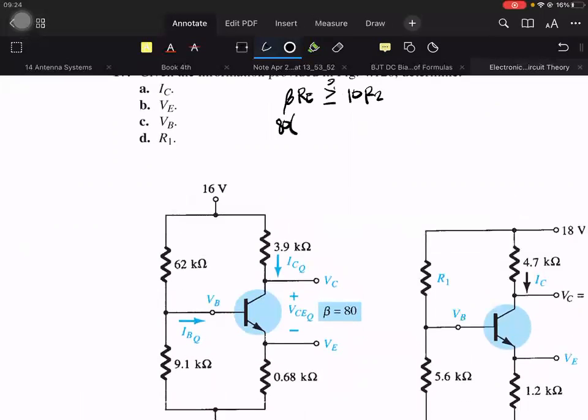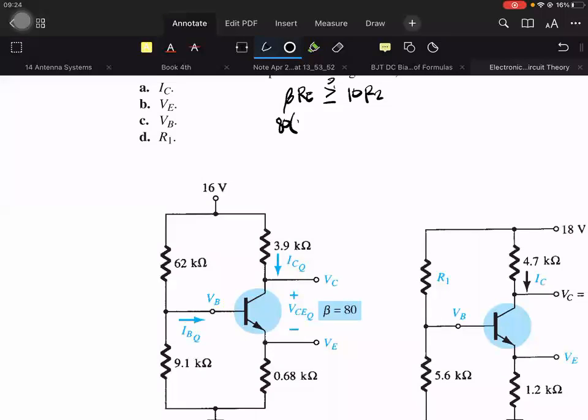RE is 0.68. 10 times R2 is 9.1K times 10, which is 91K. Beta RE is 54.4K. Is 54.4K greater than 91K?